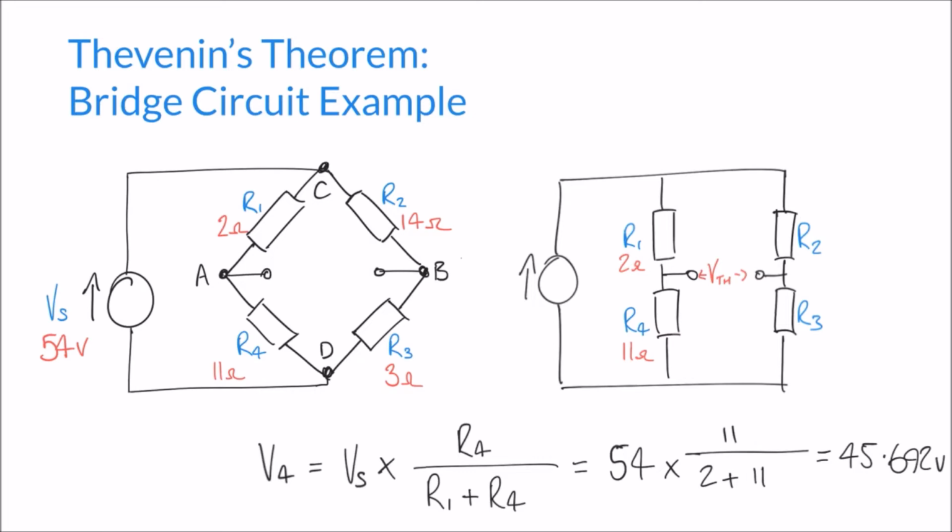Let's repeat this exercise now for the potential divider on the right hand side. We've got R2 and R3 here. Let's give those some values as well. We know that R2 is 14 ohms and R3 is 3 ohms. So in this case we can do the same thing again.